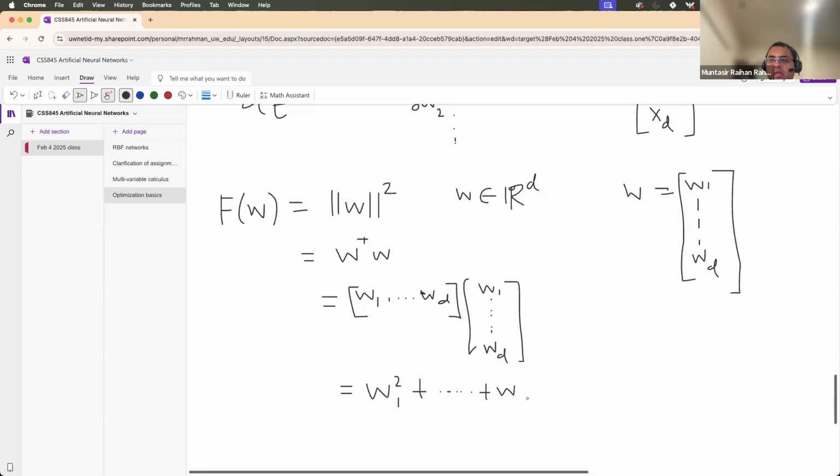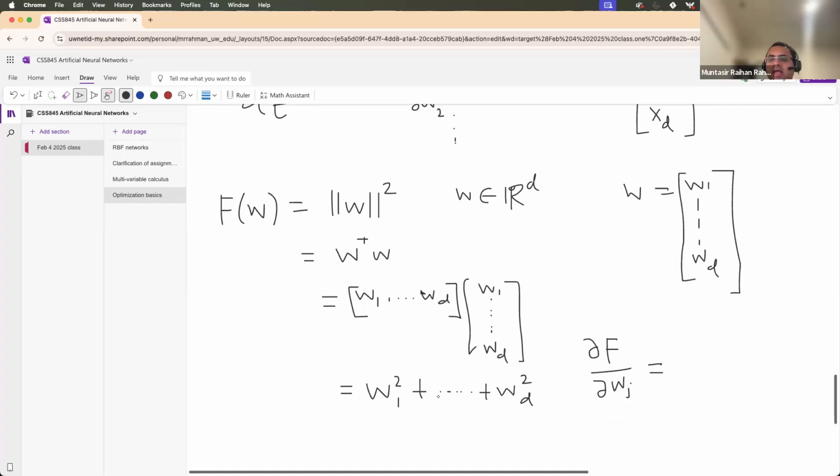Now in this form, you can see that if I take the partial derivative of f with respect to the jth component, what will I get? So j runs from 1 to d.